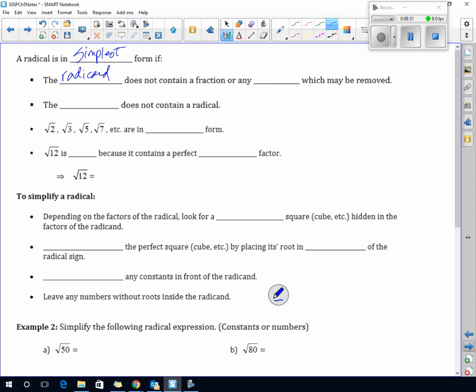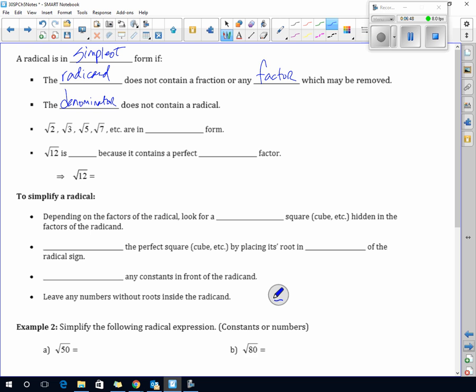It's in simplest form when the denominator does not contain a radical. That's a no-no. Root 2, root 3, root 5, root 7, those are in simplest form.